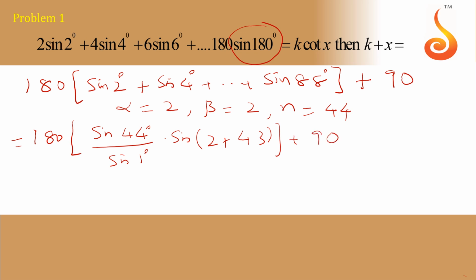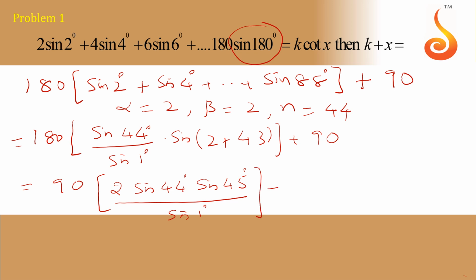So if you simplify, you will get 90 times, I am taking 90 common, 2 sine 44 into sine 45 by sine 1 degree, plus 90. Okay, I am taking 90 common, so I'll write here 1.